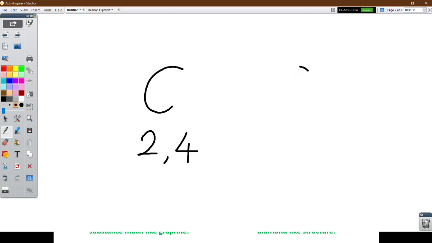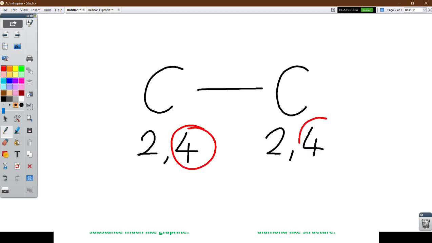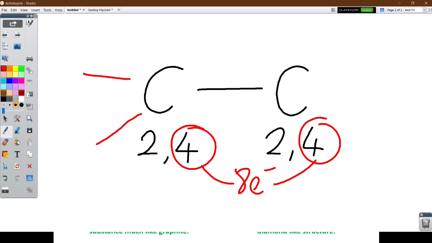So if we take a couple of carbon atoms and think, okay, we'll bond these together, 2 and 4 there as well, then the total number of electrons they're going to be bonding here would come to 8. Okay, and obviously then each carbon would have another 3 bonds, each carbon forming 4 bonds each.